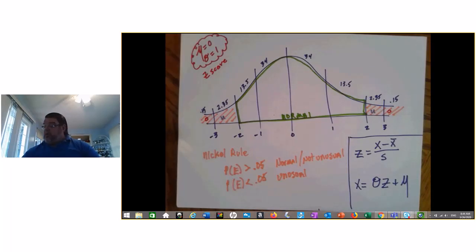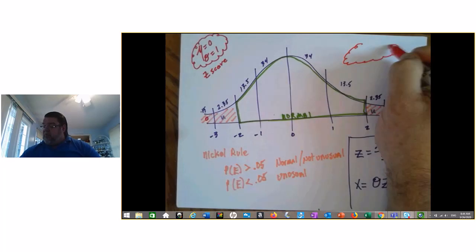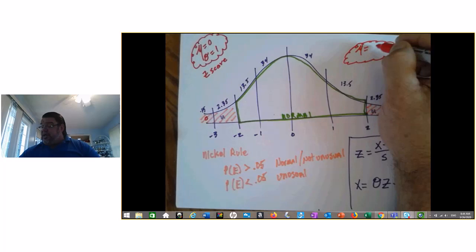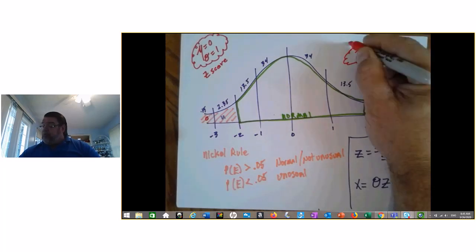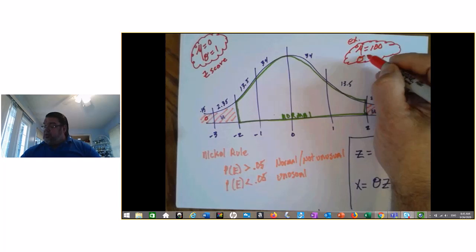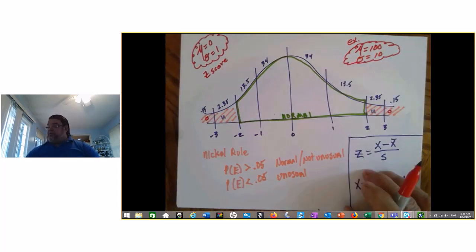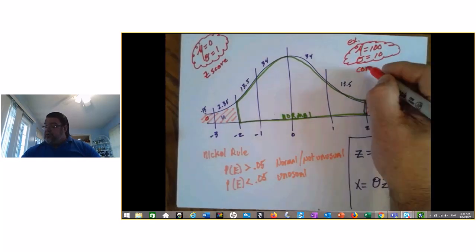The other type of problem that you're going to have is going to be mu is equal to, let's say, this is an example, they're not always going to be like this, 100 and a standard deviation of 10. Okay? This is when you have to convert to a z-score.